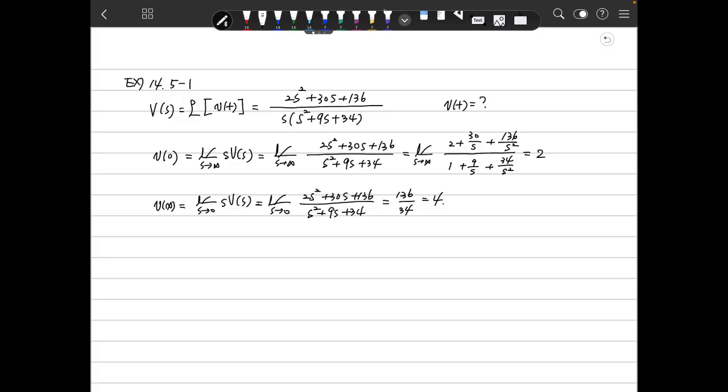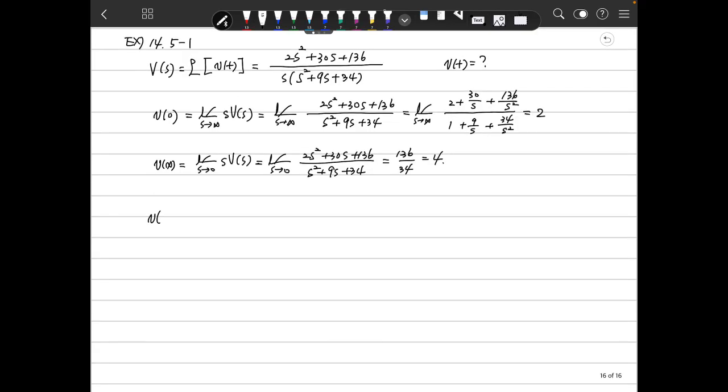Then next we get v(t). v(t) is the inverse Laplace of V(s).